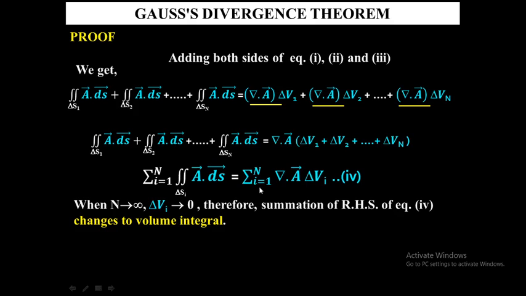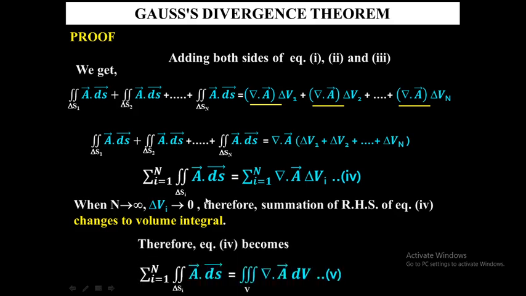So equation number 4 becomes summation over i equal to 1 of the integral over surface delta Si of vector A dot dS. Since the volume of the volume element tends to 0, because the number of volume elements tends to infinity, this summation will be converted into the volume integral of divergence of A into dV, that is equation number 5.